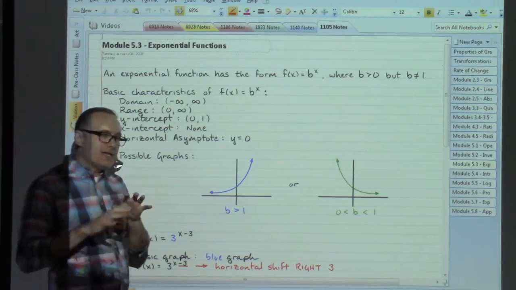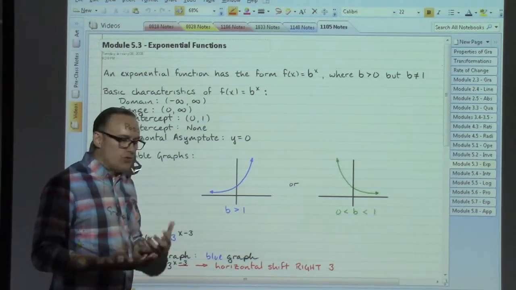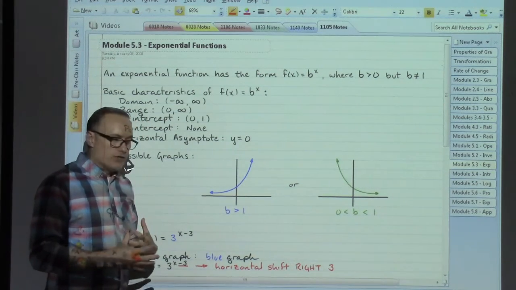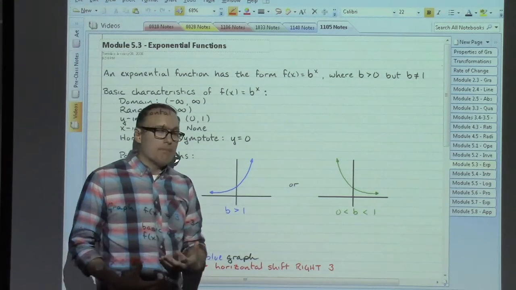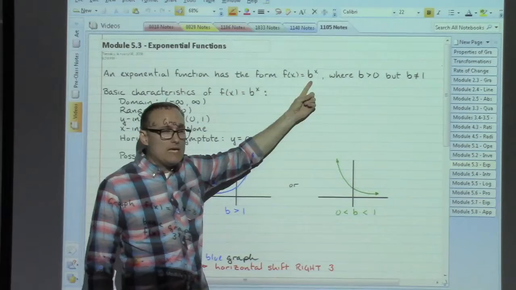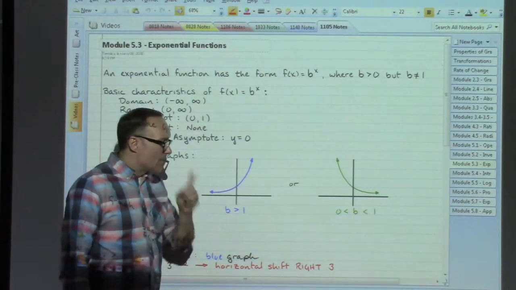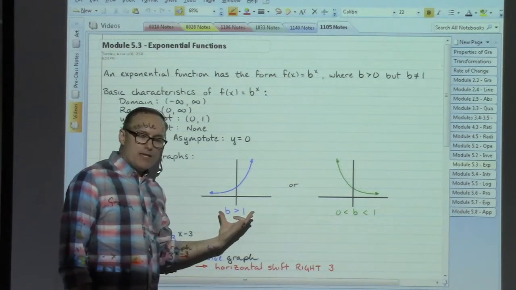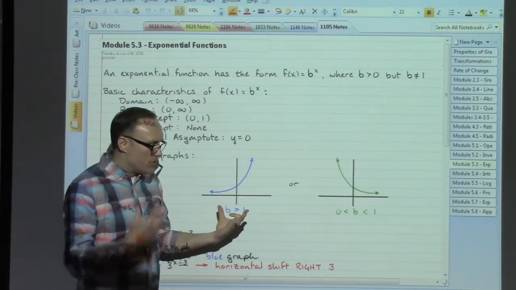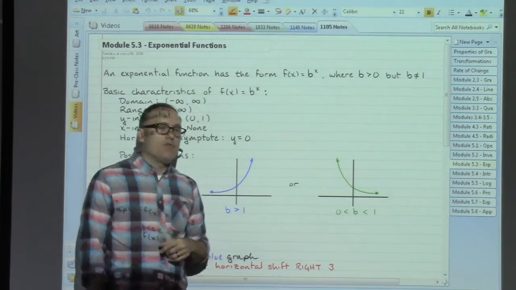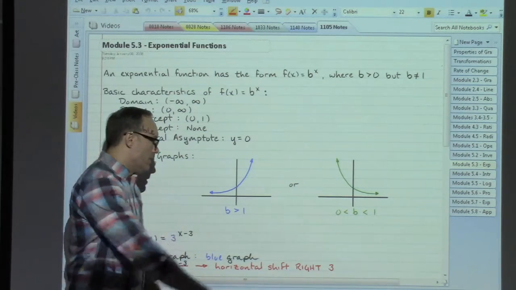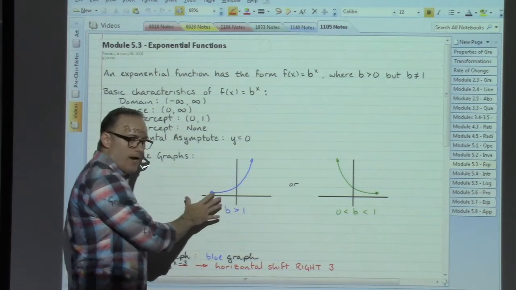What we end up finding is that there are two different versions of the graph based on this base number b that gets selected. If we have a number that is bigger than 1, a good example to choose would be 2. If we talk about 2 to a power, negative numbers, what happens?